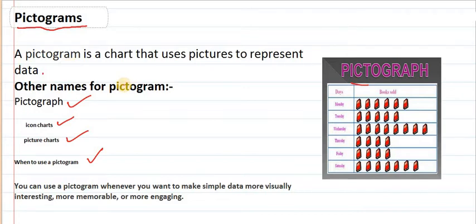It is easy to keep a picture in mind instead of a number. The effect of a picture is long lasting compared to a number. So let's learn how we will read a pictograph and what the rules are.